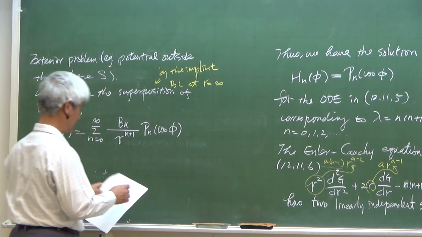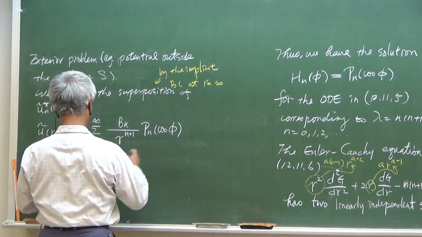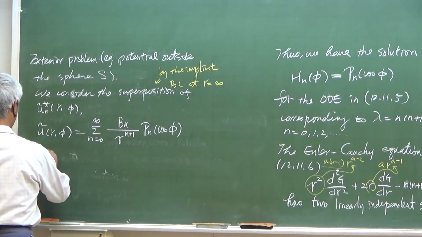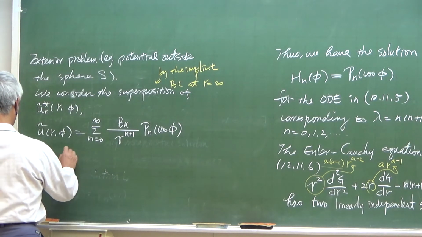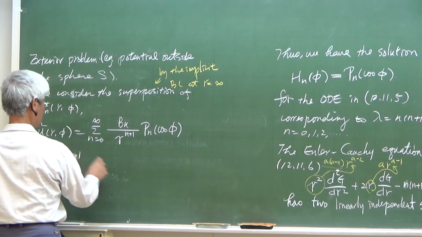Okay. So we have that. And then once again, B_n becomes related to r to the n plus 1.